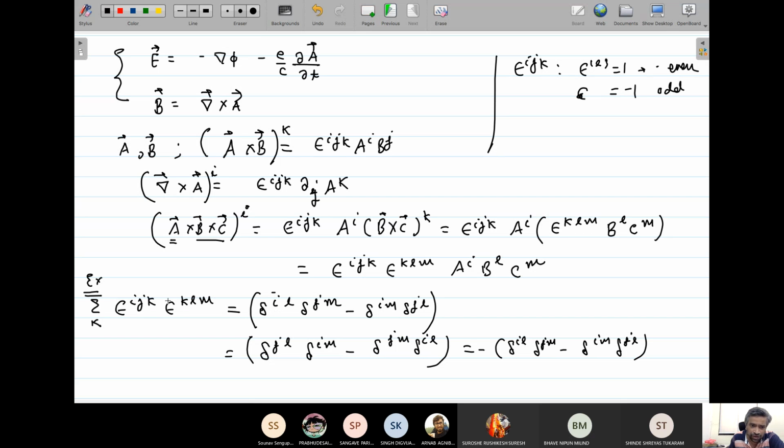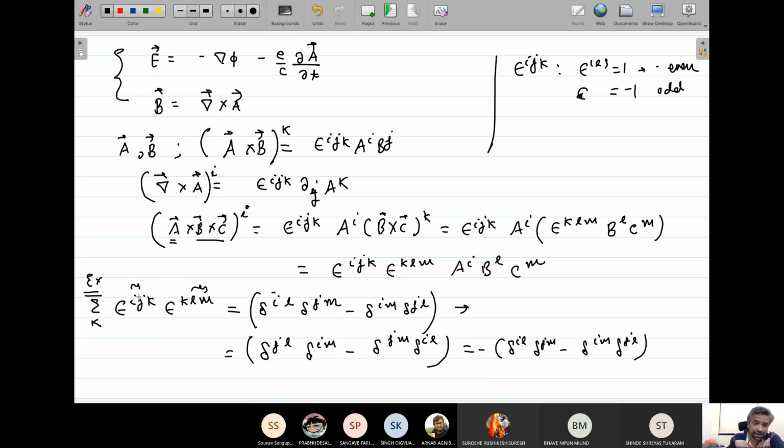So you don't have to exchange k with anything; you just interchange the free indices. If you interchange i and j, you should get a minus sign, and indeed we are getting it. If you interchange l and m, one can show that you will get a minus sign. So the right hand side has the properties of the Levi-Civita symbol.